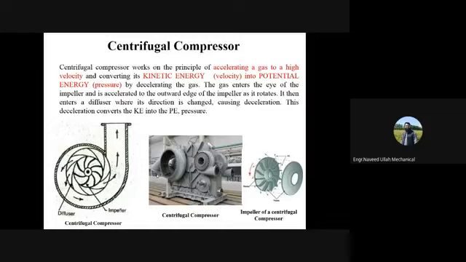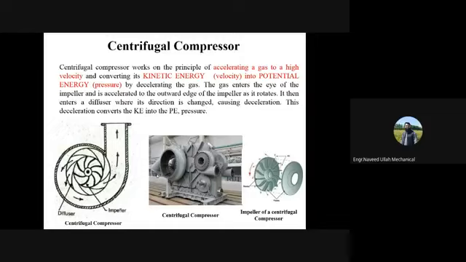So you see, if you remember, we have had a lot of discussion about compressors. You know very well that a compression process is basically to increase the pressure of a fluid in order to make it travel to another place, or you can use it for some other purposes.